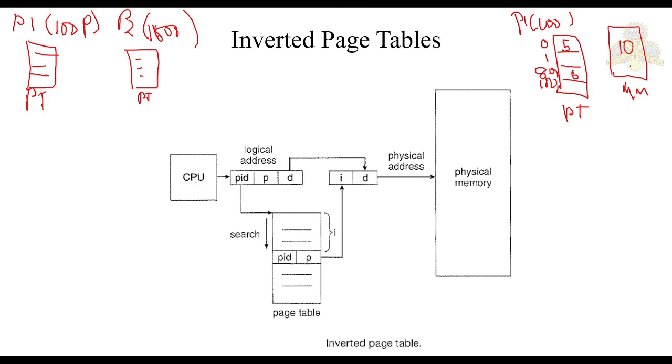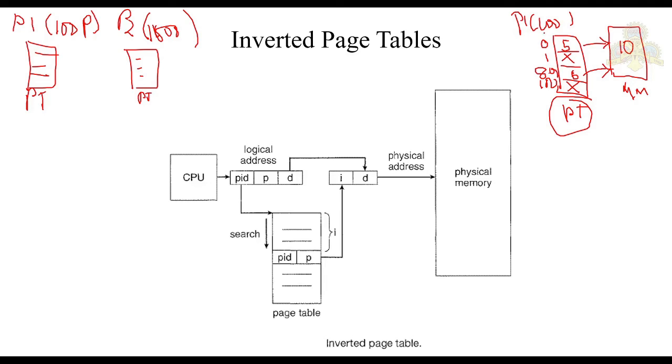Now even if the 10 free frames are allocated to 10 pages of process P1, the page table should still contain 100 entries. Say the 0th page is present in the 5th frame in main memory, the first page is not allocated in main memory, and the 100th page is not allocated either. The 89th page is present in the 6th frame, and so on.